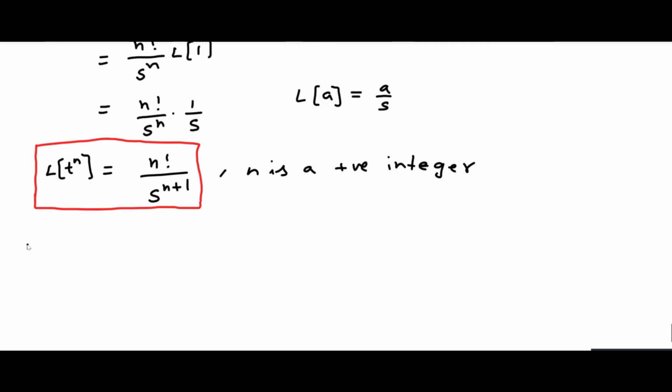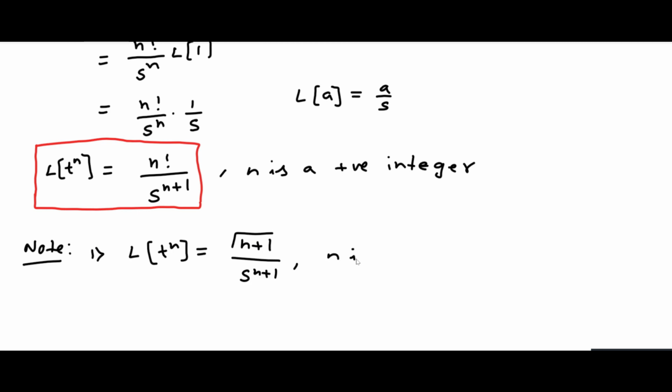So today we have studied two very important results. The first result is the Laplace transform of t power of n, whose value is gamma of n plus 1 divided by s power of n plus 1. Here n is a constant value. If n is a constant, we can use this particular result.